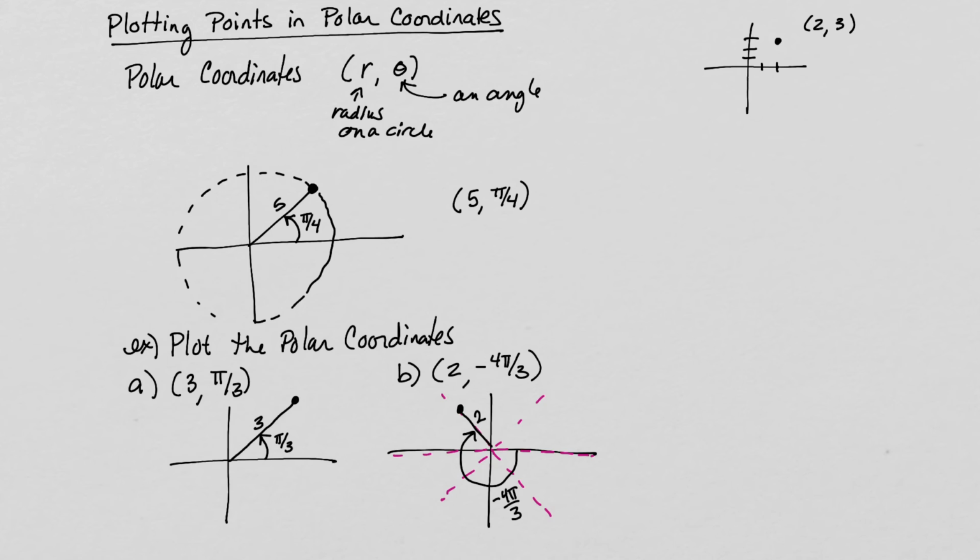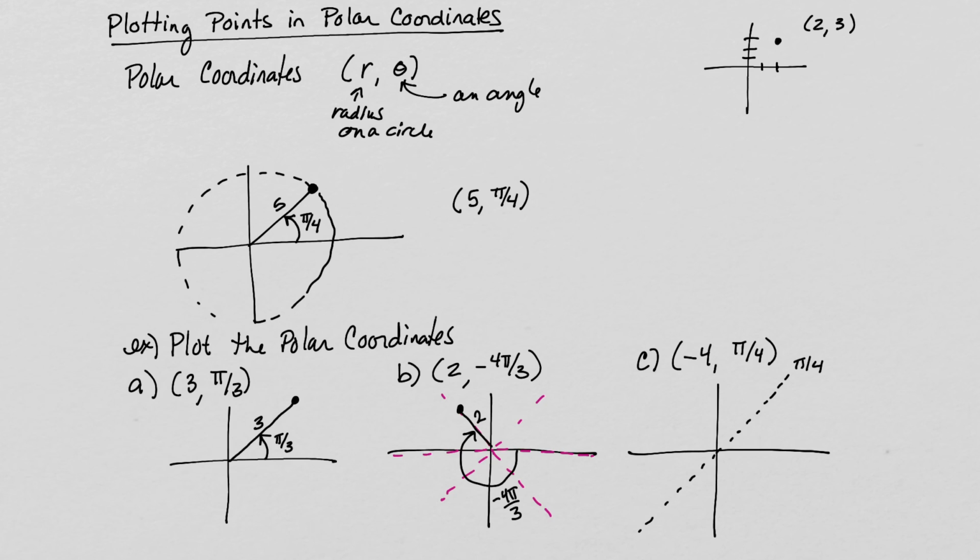You can start with a radius that's negative as well. So if you have, for instance, (minus 4, pi over 4), I usually like to think of the angle first. So here's the angle pi over 4. The minus 4 means you're going to go in the opposite direction, so we extend this line out this way.